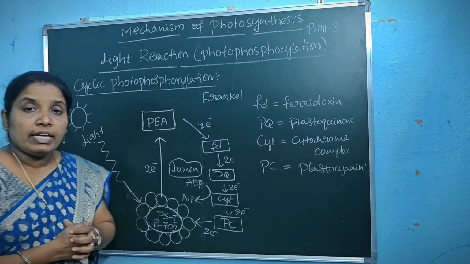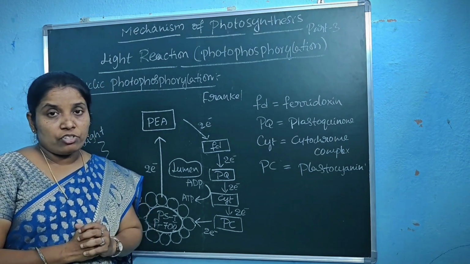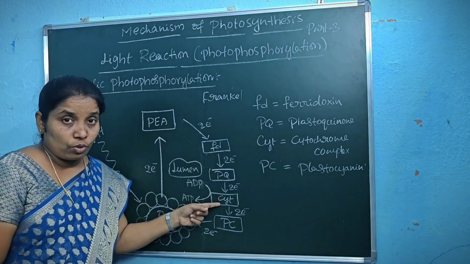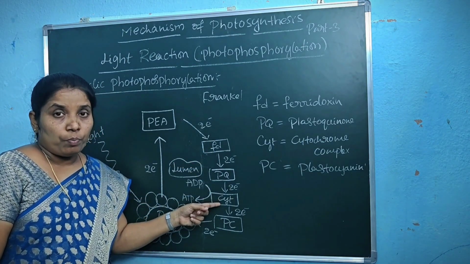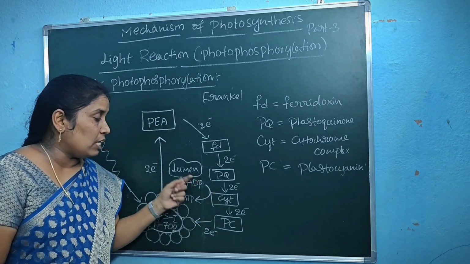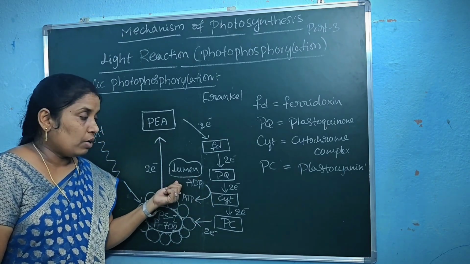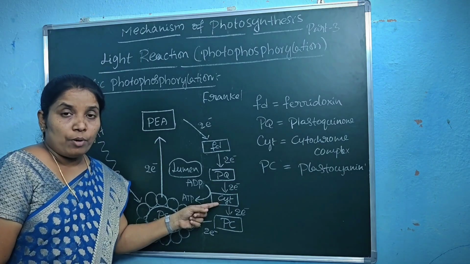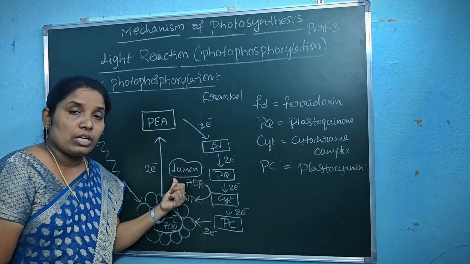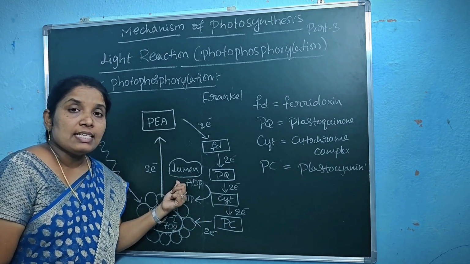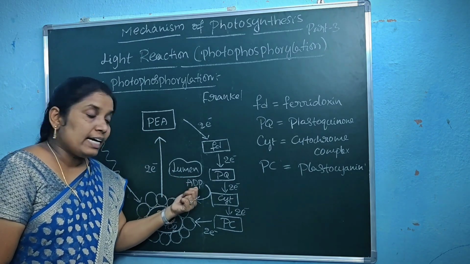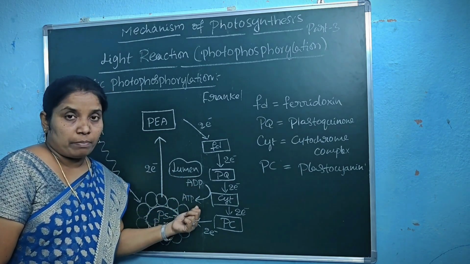Do you know how the ATPs are synthesized? When the electrons are passing through the cytochrome complex, protons are released into the lumen. By the utilization of that proton energy, the ADP will convert into ATP.